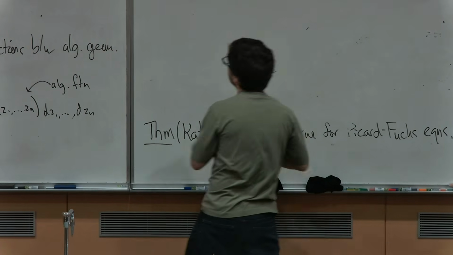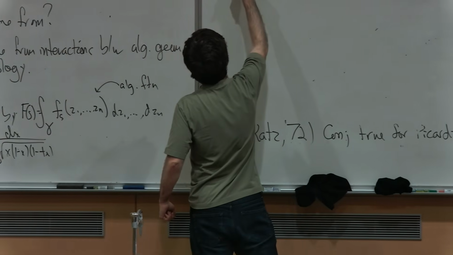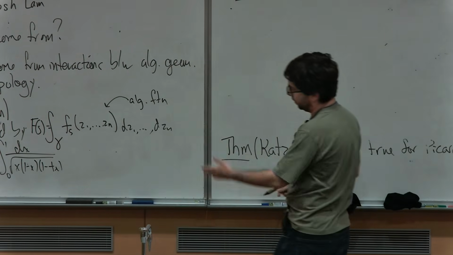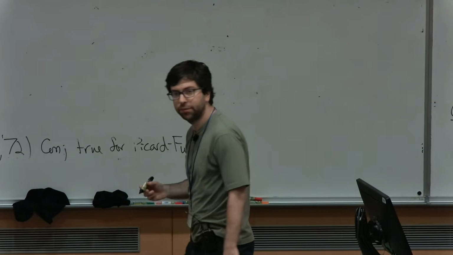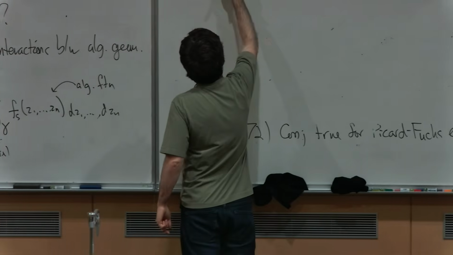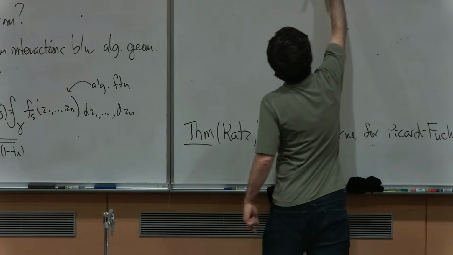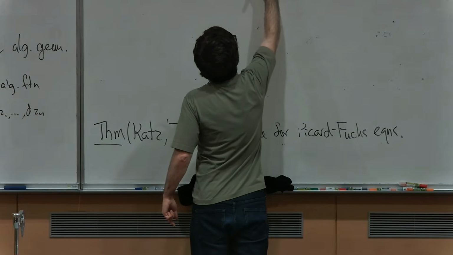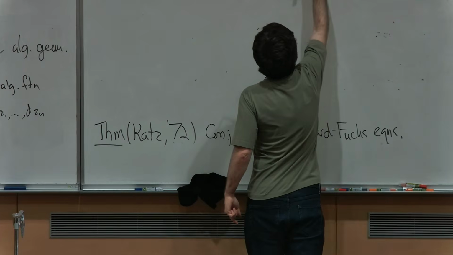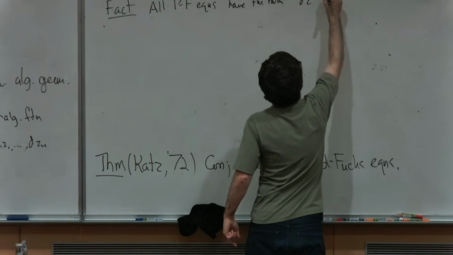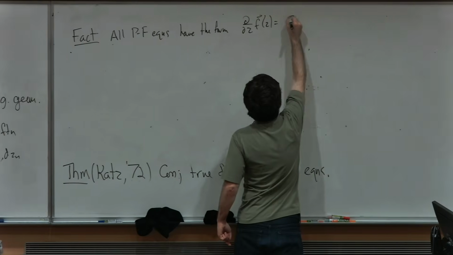Okay. So I want to tell you just 2 facts. So first of all, it turns out that these Picard-Fuchs equations are very well behaved. So all Picard-Fuchs equations have the form d/dz of a vector of functions can be written in the following way.